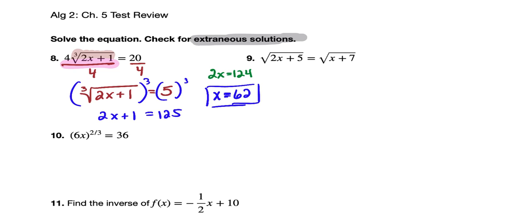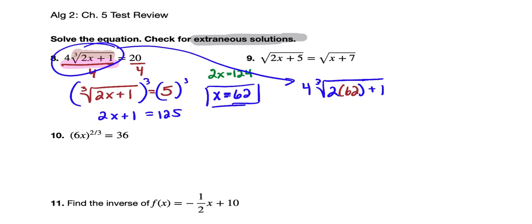Now let's check that really quickly. I'm just putting in a 62 for x in the original problem up here. The right-hand side is just 20. There's no x, so I'm just seeing if the left-hand side comes out to a 20.